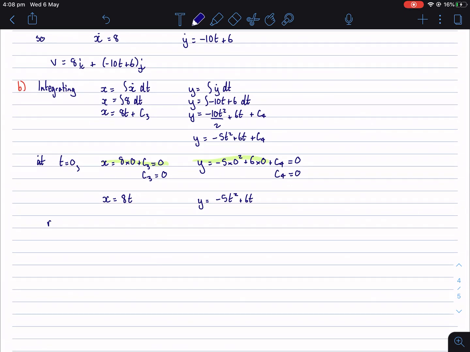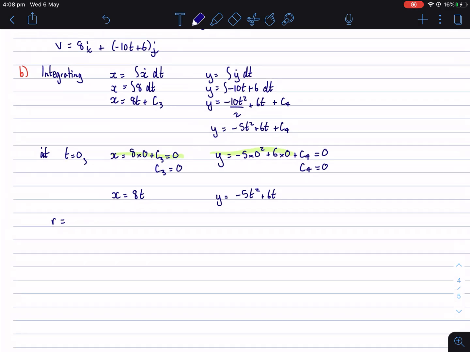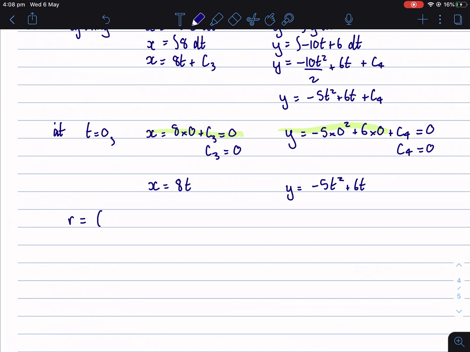So we can express the overall displacement, as similarly like we did above, 8t in the i direction plus -5t squared plus 6t in the j direction.